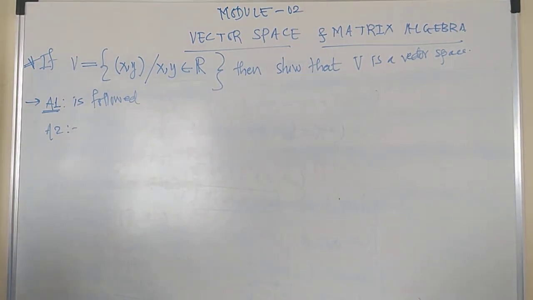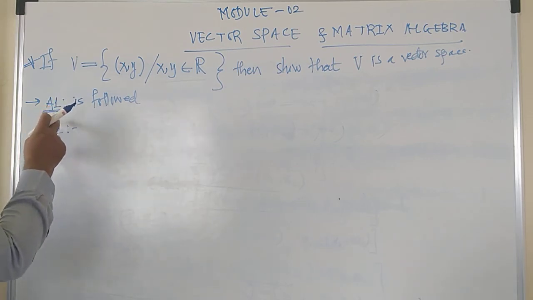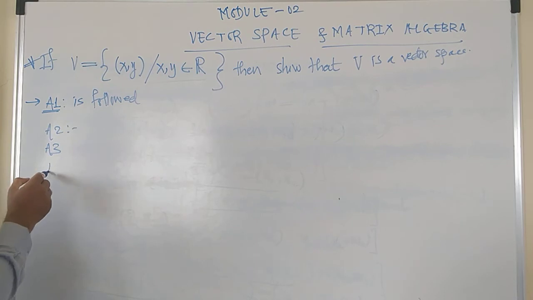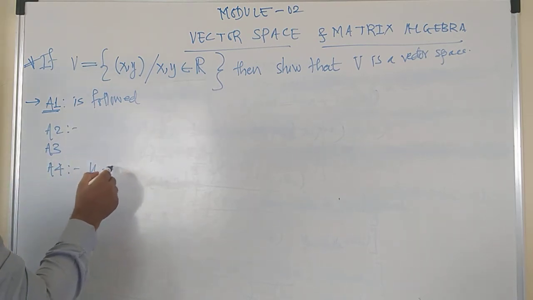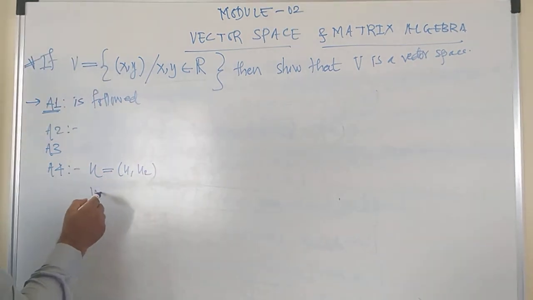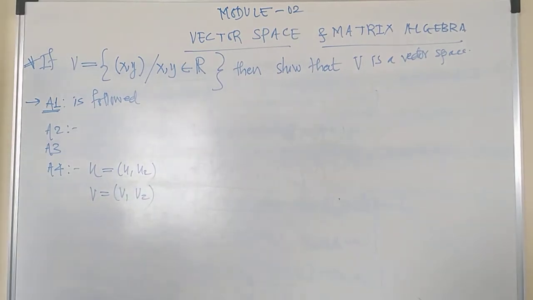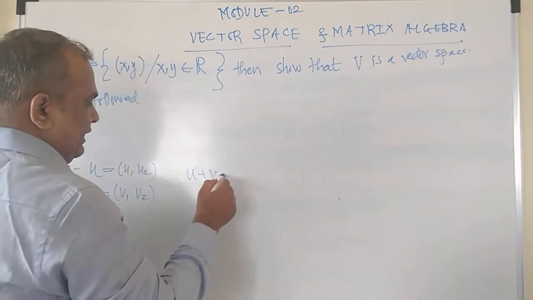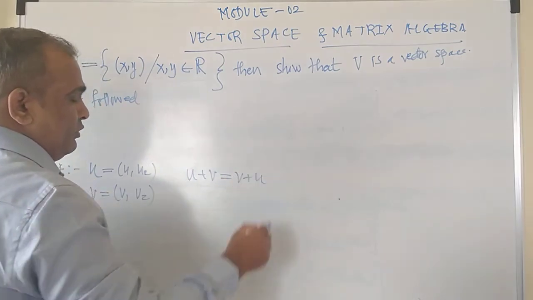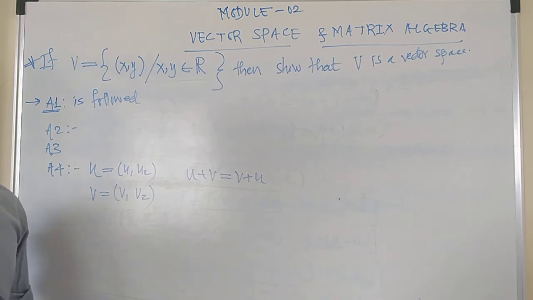So A1 is checked, A2 is checked, A3 is also checked, and let's check A4. So let us say u is a vector having elements u1 and u2, v is a vector having elements v1 and v2, and if u plus v is written as v plus u, then the fourth axiom is said to be followed, right?